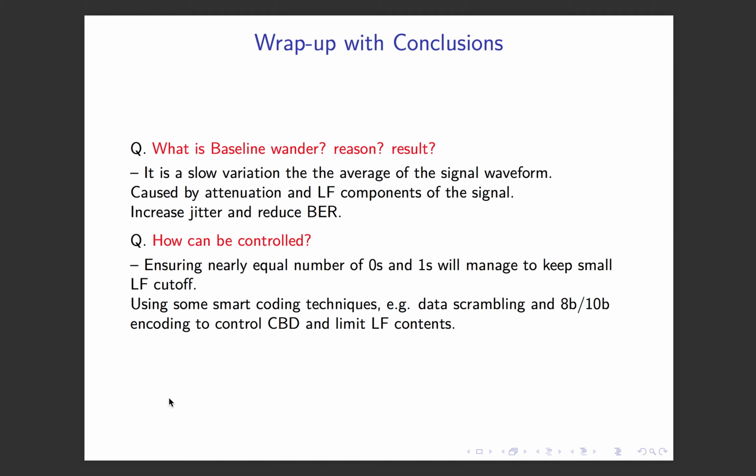And we have seen that in a practical situation, if there is baseline wandering in the system, you get the scattered dots in the eye diagram, as we saw in the previous slide.